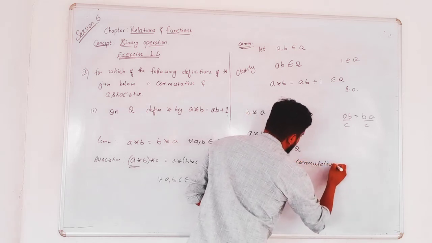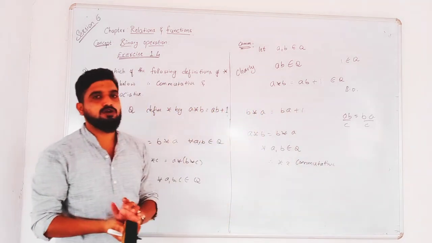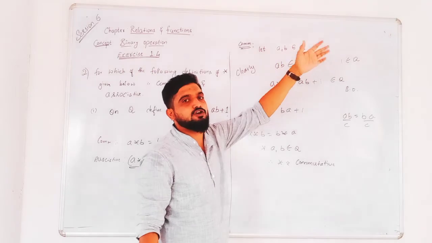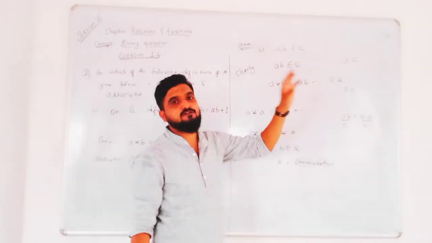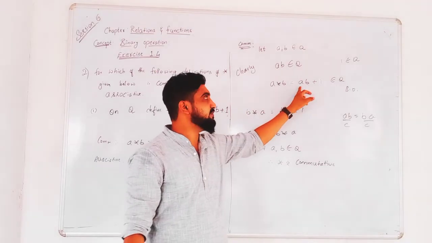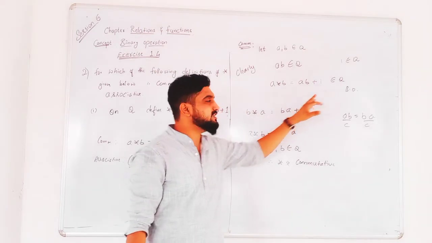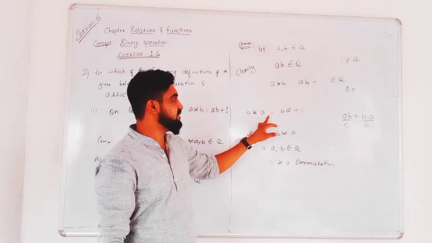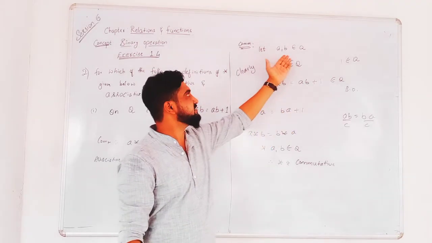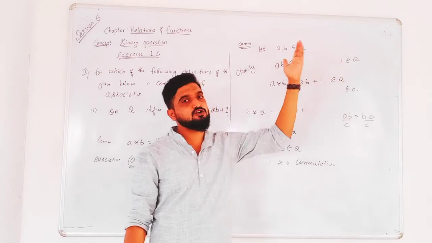Got it? I have taken two numbers a and b that are rationals. We know that a into b, the product of two rationals, is again a rational. So a star b gives ab plus 1. What does b star a give? b star a is equal to ba plus 1. So ab and ba are the same because in the set of rationals, a into b is equal to b into a.